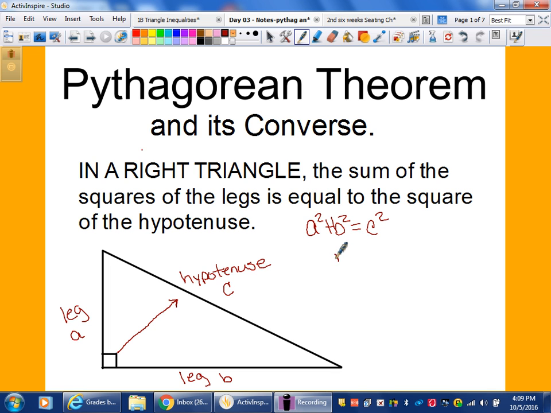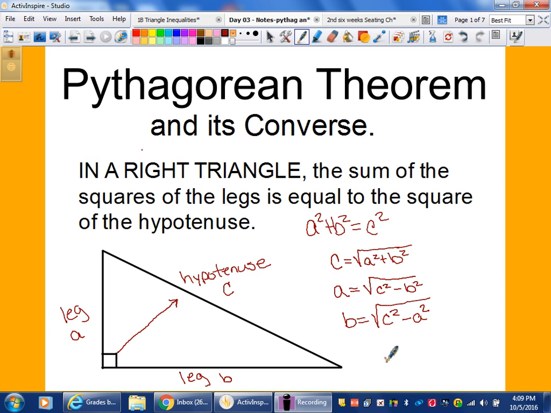So if I was trying to find c itself, I would just take the square root of a squared plus b squared. If I was trying to find a, it's a little different here. I'd have to take the square root of the hypotenuse squared minus the other leg squared. So c squared minus b squared. And b, same thing, square root of my hypotenuse squared, c squared, minus the other leg, a squared.